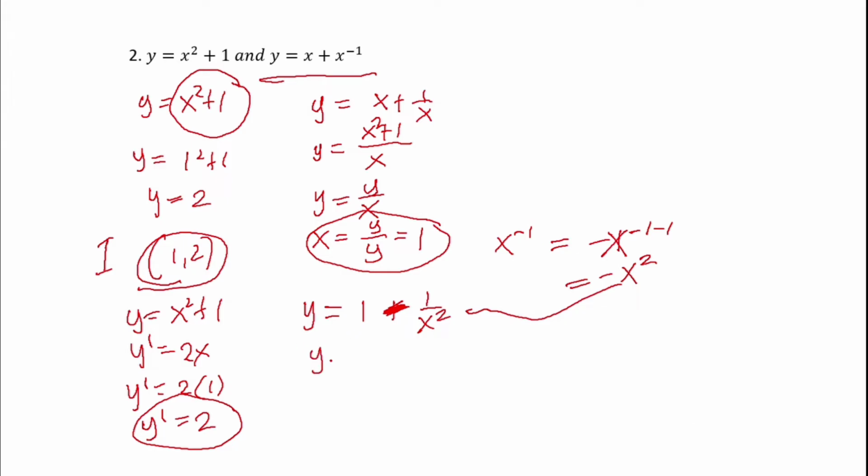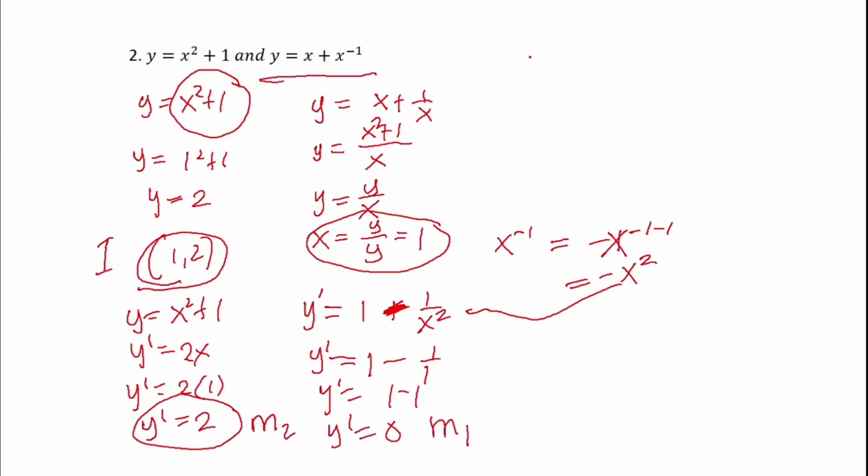So y prime is equal to 1 minus 1 over 1, so y prime is equal to 0. Since it is customary that we get the acute angle, we take the bigger minus the lower. This is our slope 2 and slope 1.